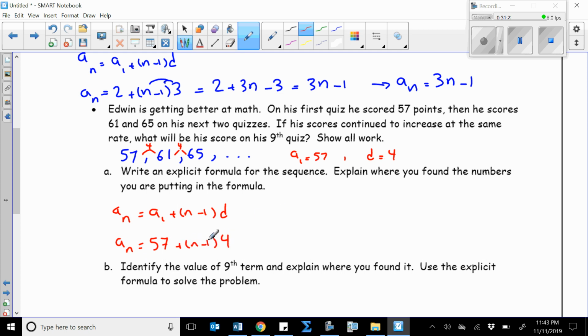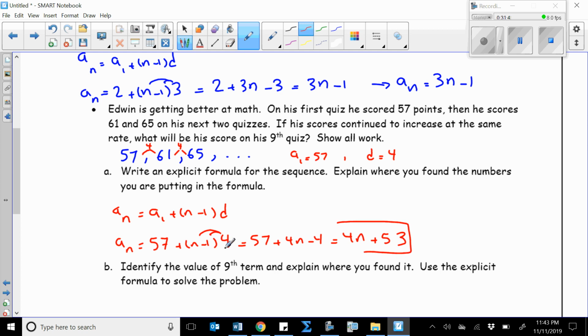So that's the general rule. If I distribute these, it will be 57 plus 4n minus 4, which will be equal to 4n plus 53. So this is the general rule for an.